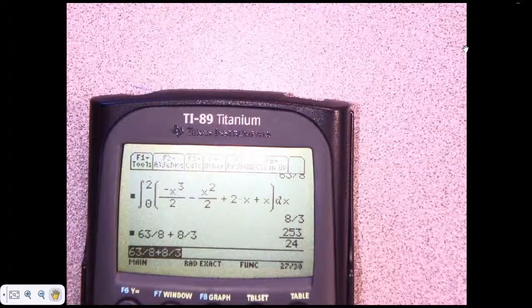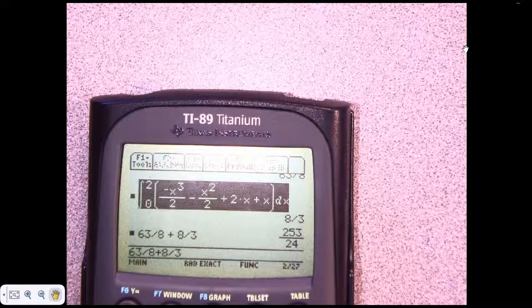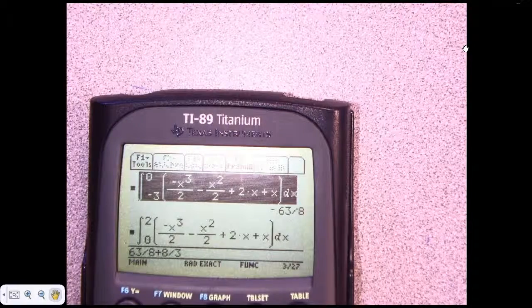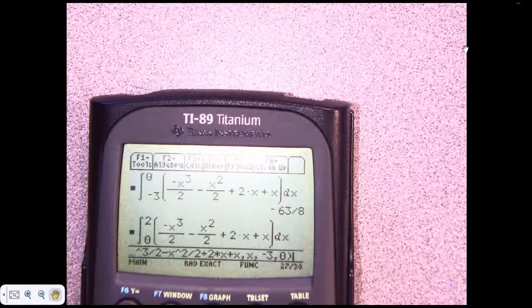So you must have something typed in a little weird somehow. Here's what I have typed. This is like negative x to the third divided by 2 minus x squared divided by 2 plus 2x. I did, instead of minus negative x, I did plus x. Well, if I'm subtracting a quantity, I'm putting parentheses to make sure the negative sign gets distributed through. But this was just minus negative x, so I just put plus x.